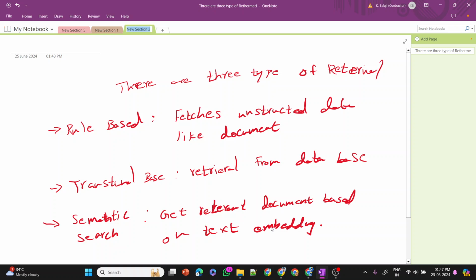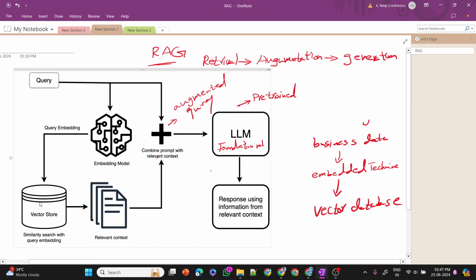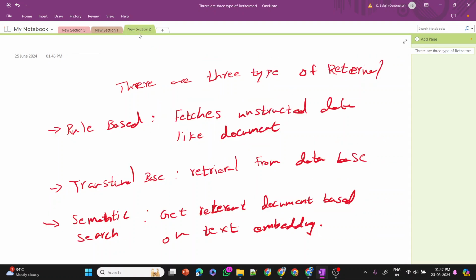But in semantic search, the document was converted into numerical values by using some embedding technique, and that was stored in a vector database. From the vector database, the LLM model will retrieve data and answer our questions.